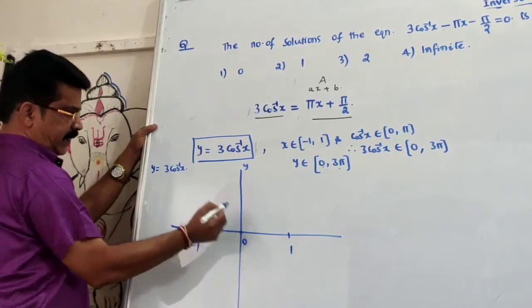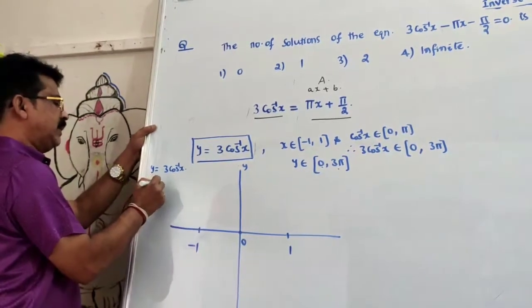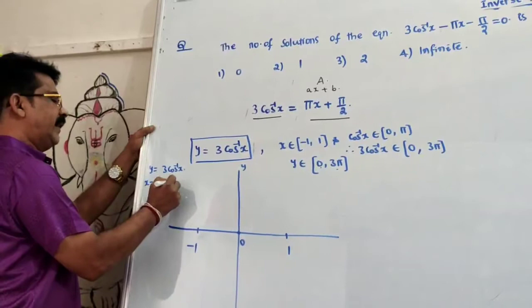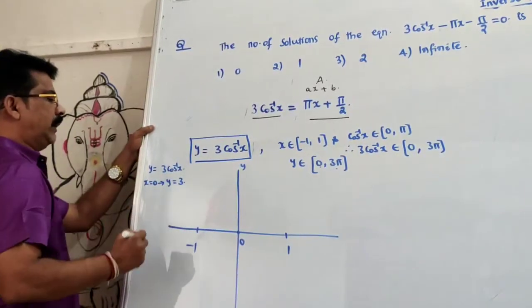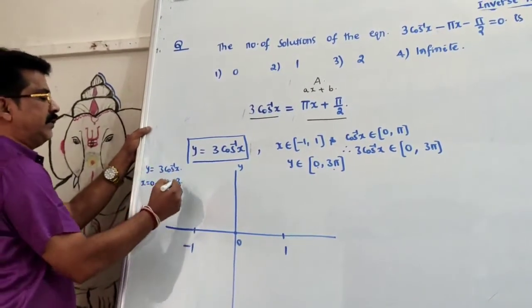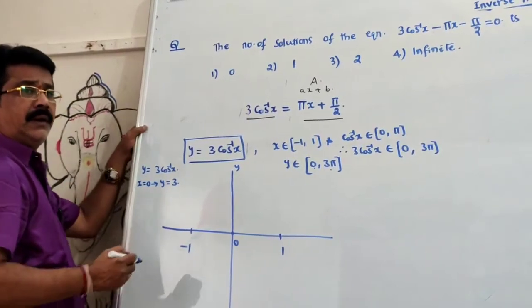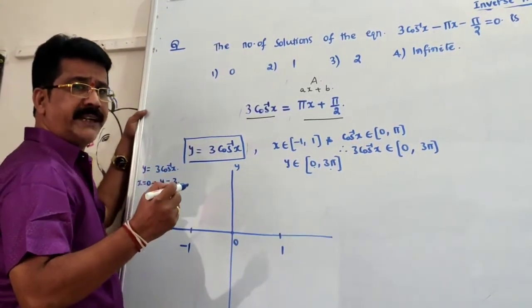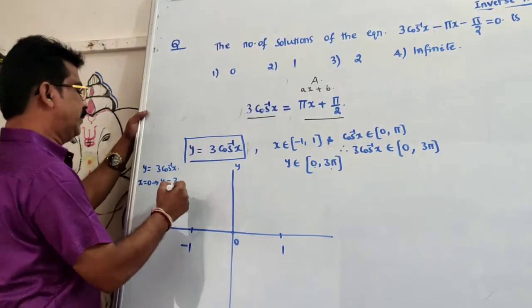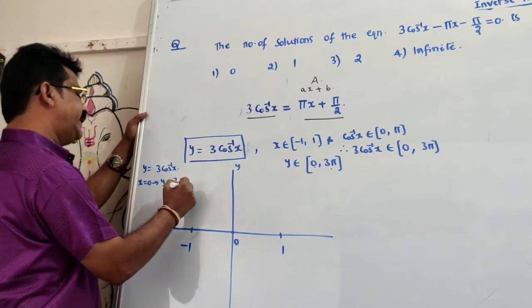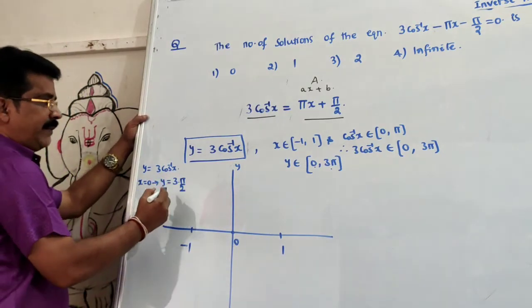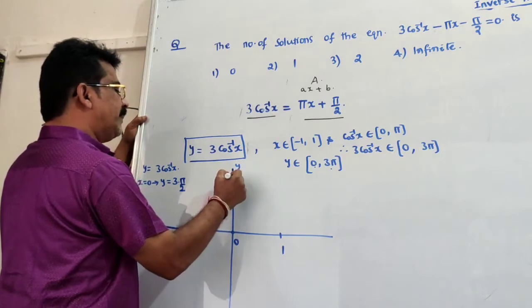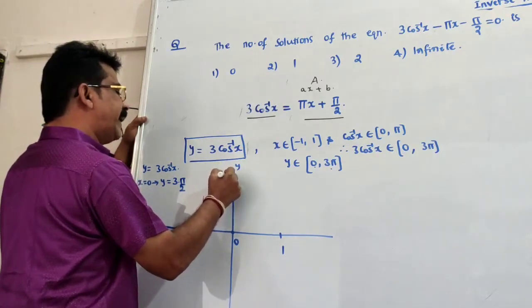First, x equal to 0. Put x equal to 0. Then y equals 3 into cos inverse of 0. Cos 90 is 0, so cos inverse of 0 is 90 degrees. So it is 3 pi by 2. Total, for example, it is 3 pi.